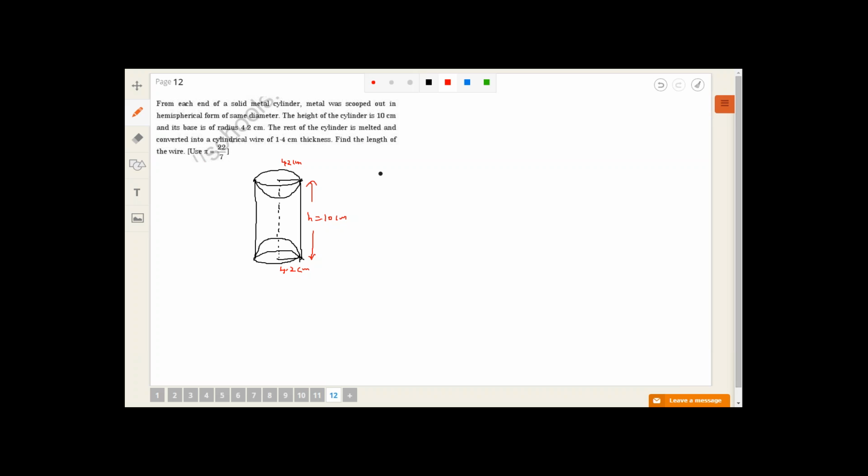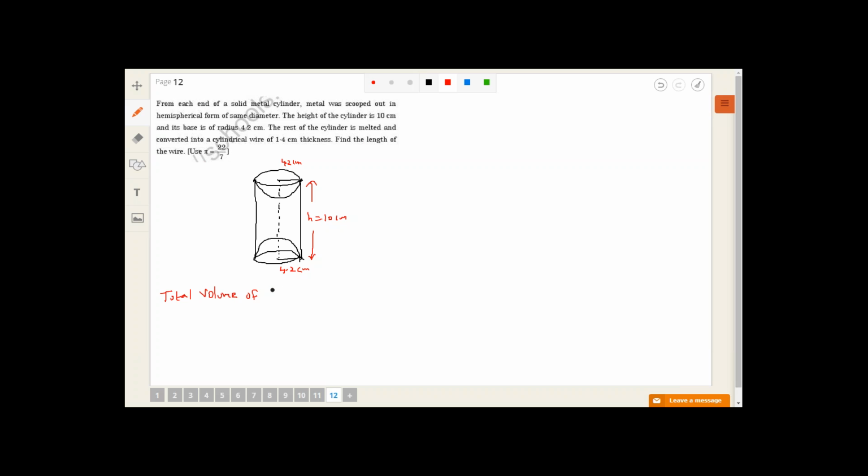Now the volume of the remaining part is melted and converted into a cylindrical wire. So the volume of the remaining part will be equal to the volume of the cylindrical wire. First we need to find the total volume of the cylinder.